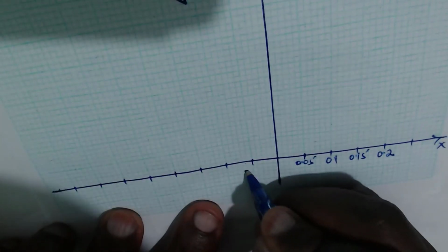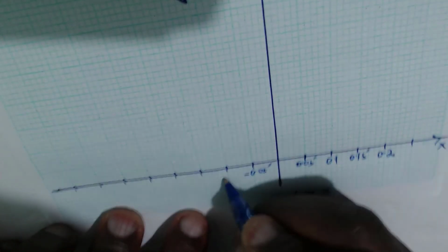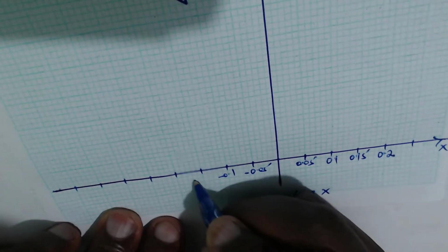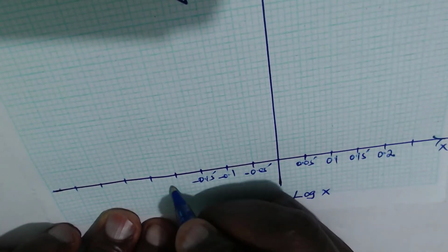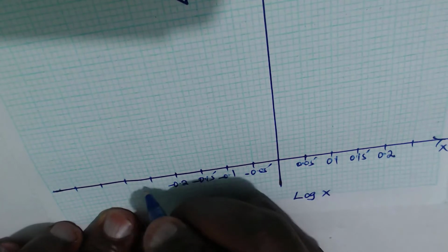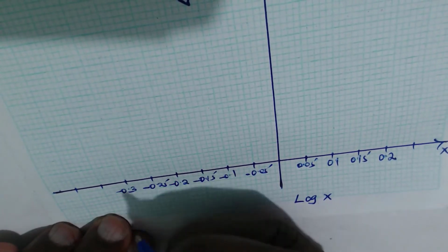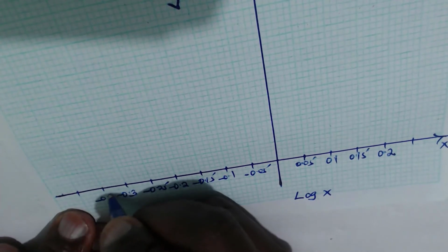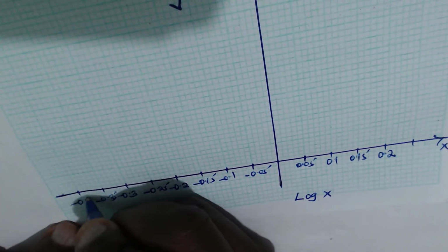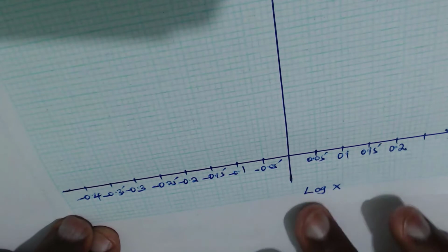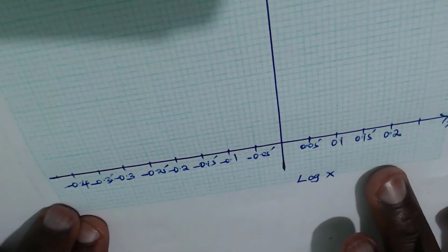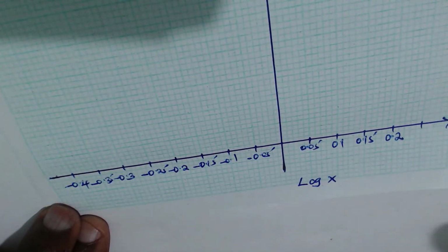So these would be -0.05, -0.1, -0.15, -0.2, -0.25, -0.3, -0.35, then -0.4. That is the x-axis. That is how it should be.